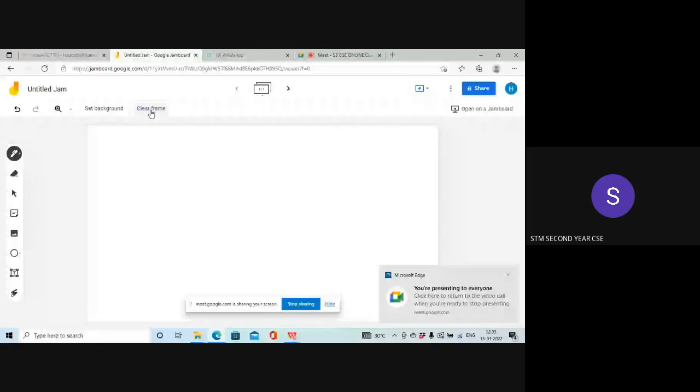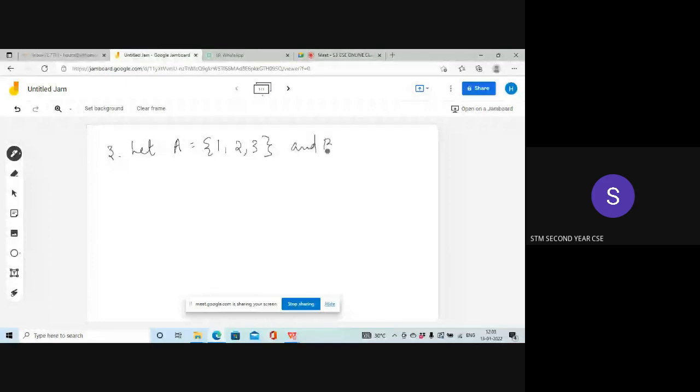Third question. Let A is equal to {1, 2, 3} and B is equal to {2, 4, 5}. First up, determine the following.